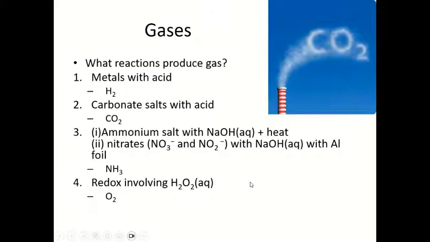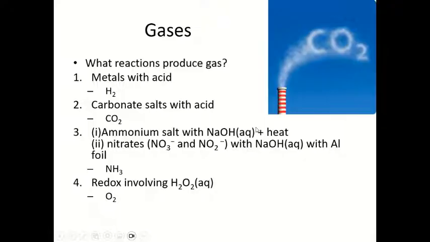Now the third gas that I'm going to talk about will be ammonia gas. There are two reactions in your paper that will produce ammonia. The first will be ammonium salt with sodium hydroxide and heat.